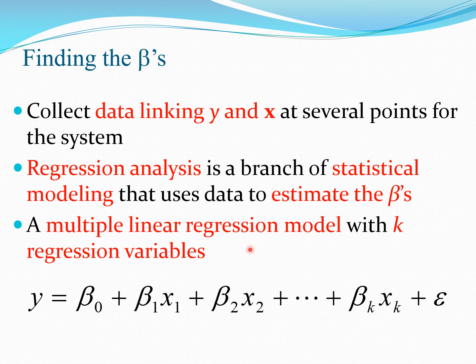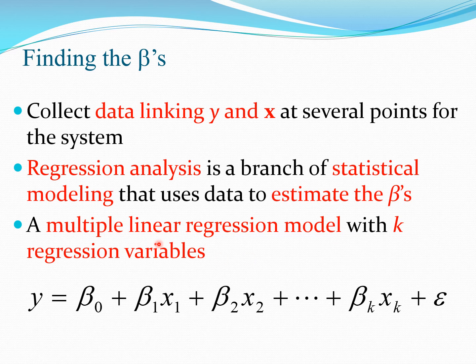And once we do that, we get a bunch of equations where x1, x2, xk and y are known, and then the betas can be found using least square fit type of situations. So again, this is a field known as regression, and this is a branch of statistics where we use data to estimate these betas.